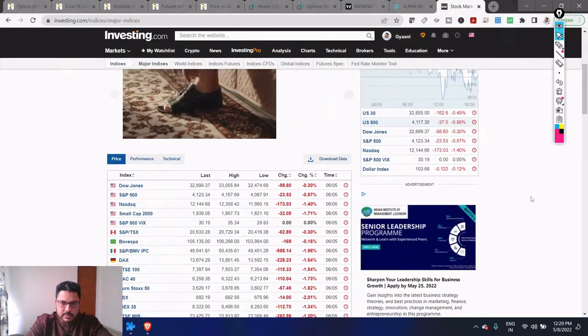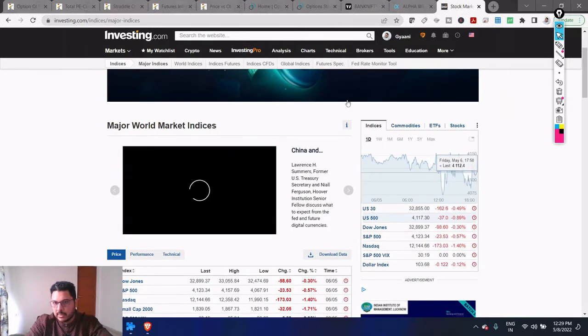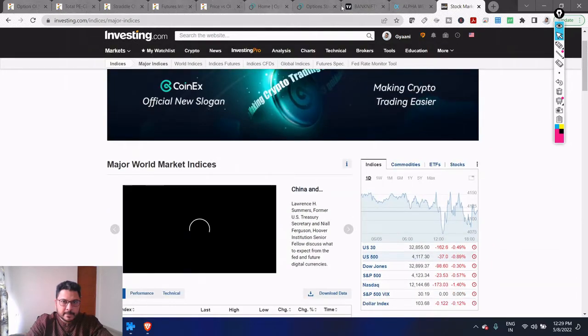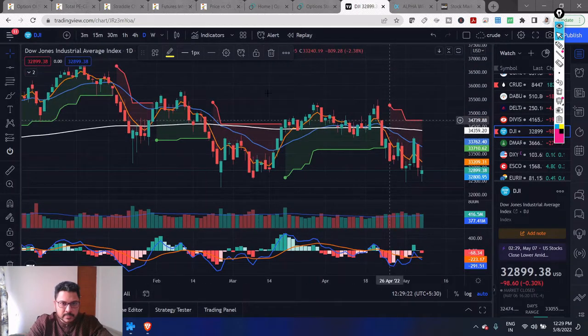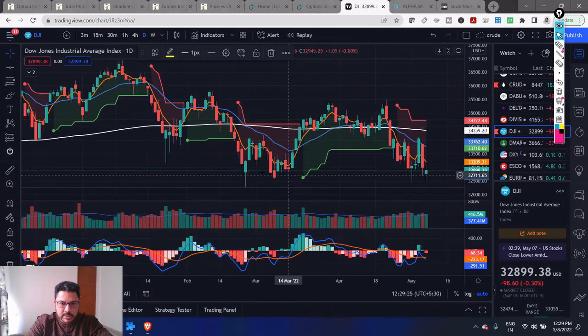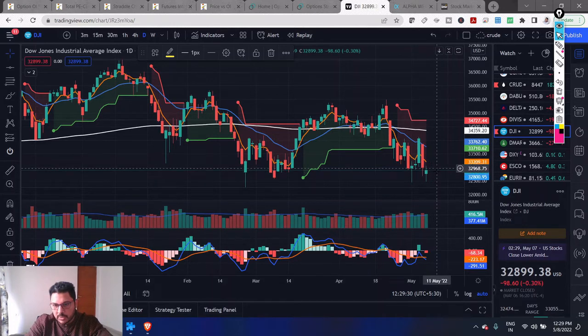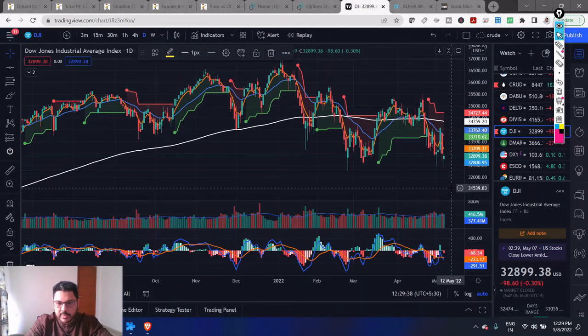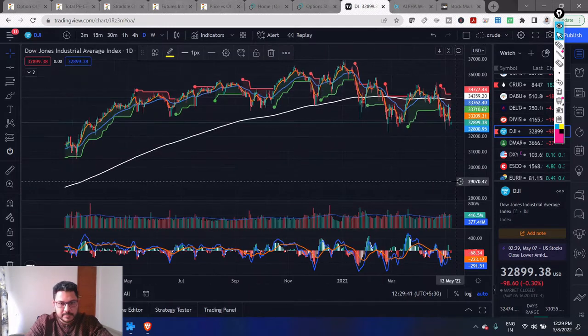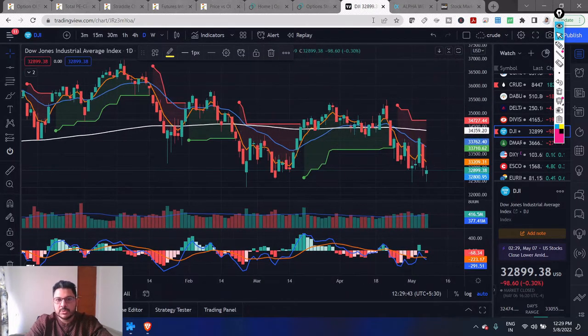So we might open gap down basis this. We can also see Dow Jones here. Yeah, see, it's again at a support level, so when it opens on Monday, there might be a positive push on the upside, or if it breaks this level, then our markets will also start falling big time. So keep a watch on Dow Jones.